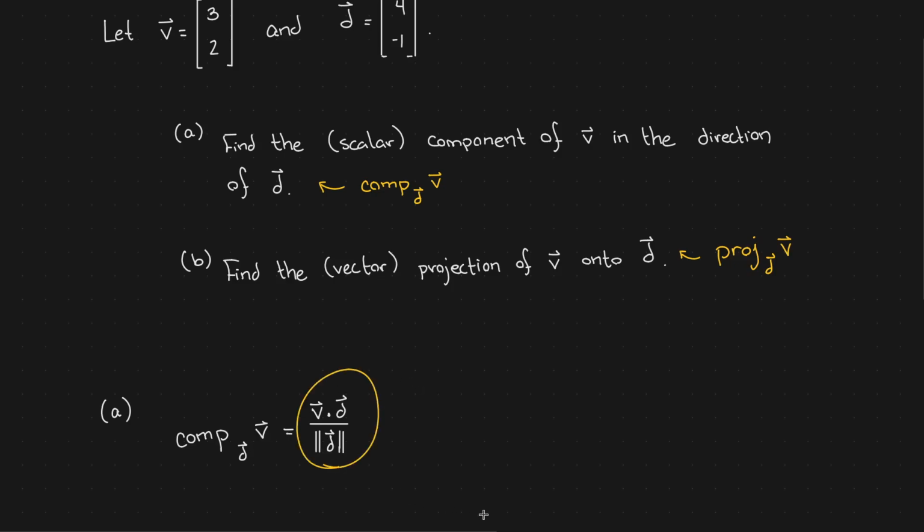By the way, this is one of the really useful properties of the dot product. If you take the dot product of a vector with its unit vector, which is the same as v dot d over norm d, exactly the same thing, based on the associativity of scalar multiplication with the dot product, we're taking the dot product of a vector with a unit vector.